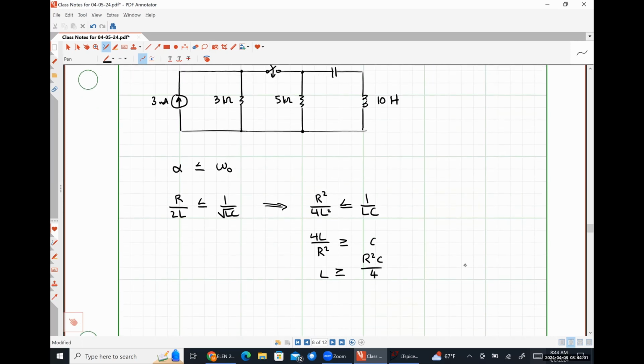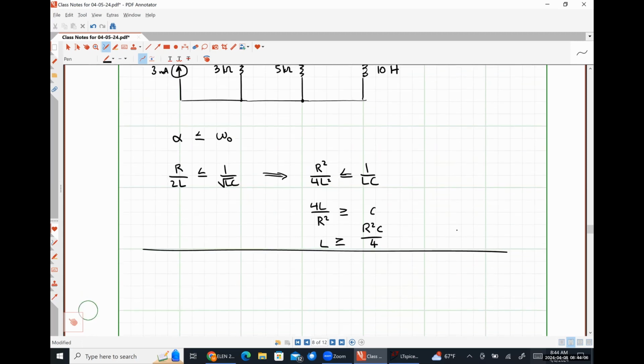Just to double check our work here, we're going to go ahead and calculate alpha and omega naught now, just to make sure that I didn't make any mistakes here. So alpha should be R over 2L. So that's going to be 15 over 8 kiloohms divided by 20 henries. Is 375 over 4, or 93.75 nepers per second.